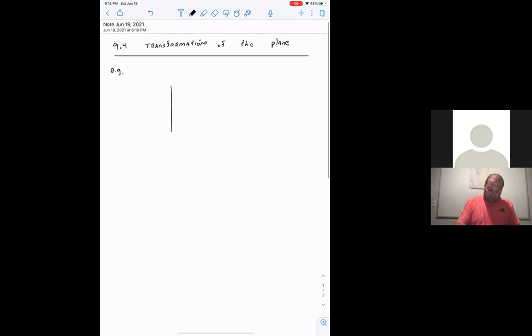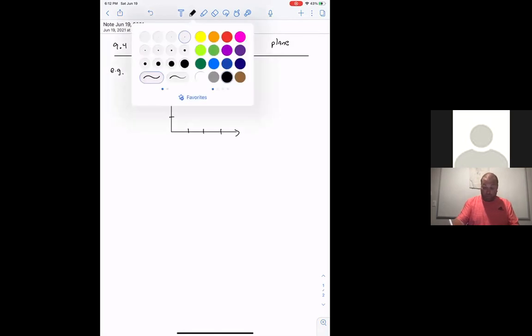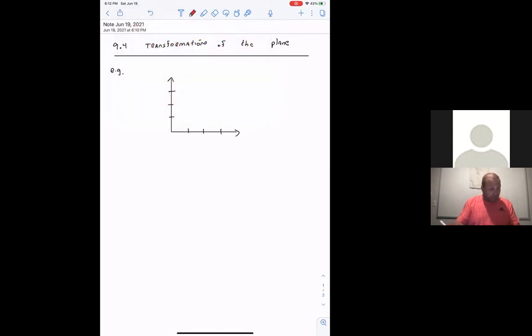And what we have to start is we have a plane, a coordinate system. We only need, for this particular example, the first quadrant. And we have a shape in this quadrant, and it is a triangle.